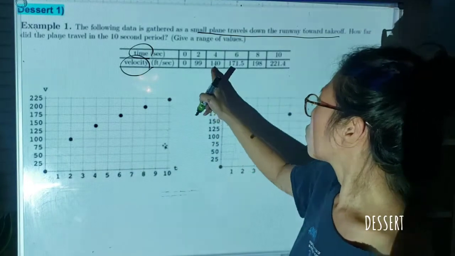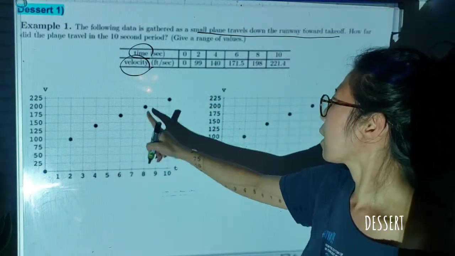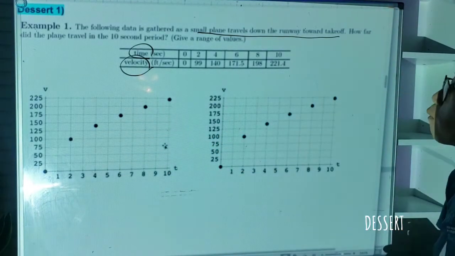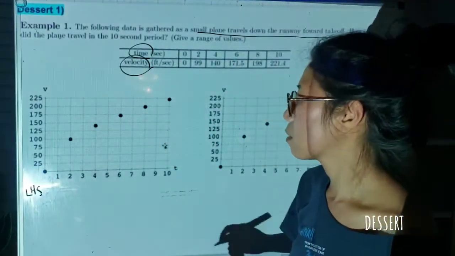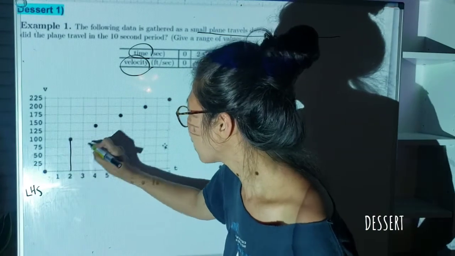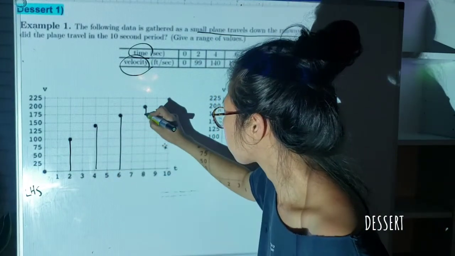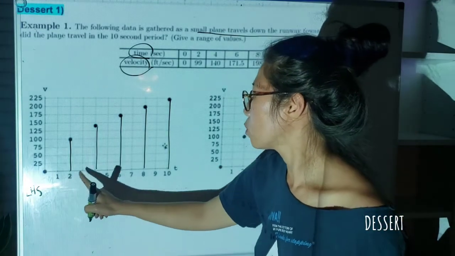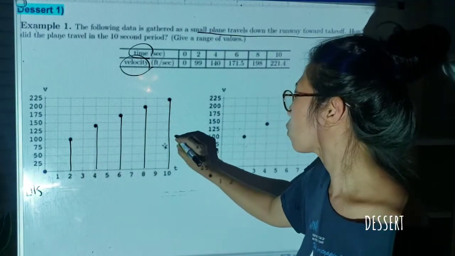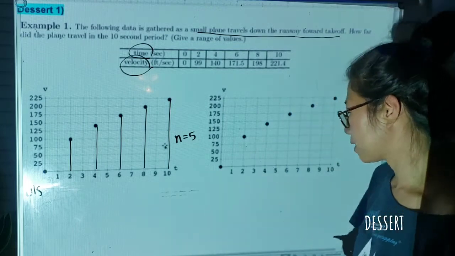Try to see that these are the points of x and y values. Then I want to find the left hand sum. So from here, build a height. Then how many n size am I going to have? 1, 2, 3, 4, 5. So I'm going to have 5 as my n size.